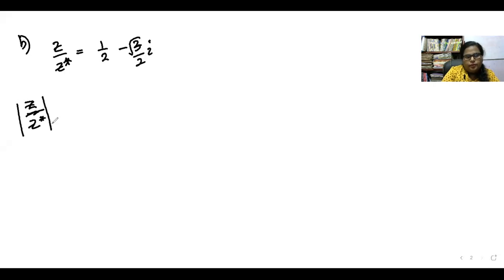I will explain it by drawing on an Argand diagram. You know that we have x and y axes in the Cartesian plane. Likewise, you have a real axis and an imaginary axis in this Argand diagram.